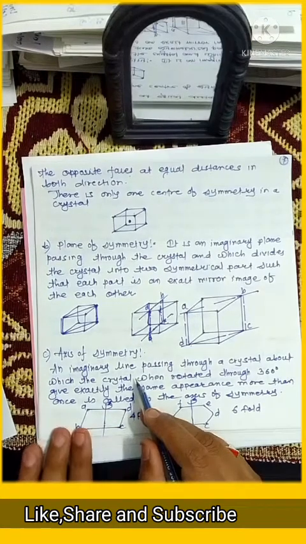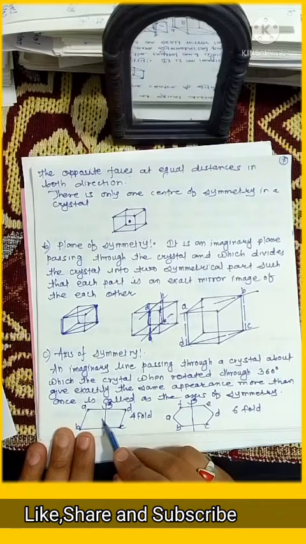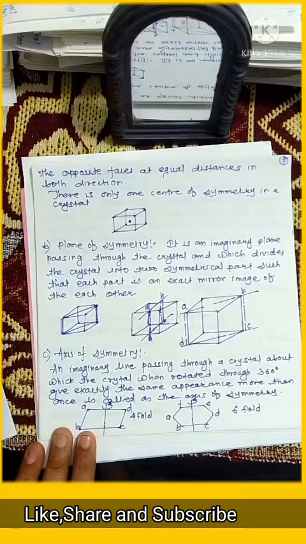So 360 divided by 90 gives 4. So this geometry has a fourfold axis of symmetry.